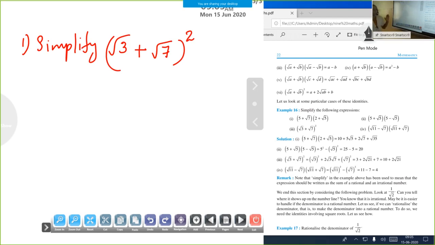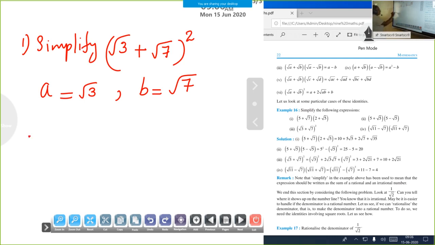We know that this is of the form a plus b the whole square. Here the value of a equals root 3 and the value of b equals root 7. We just represent a equals root 3 and b equals root 7.